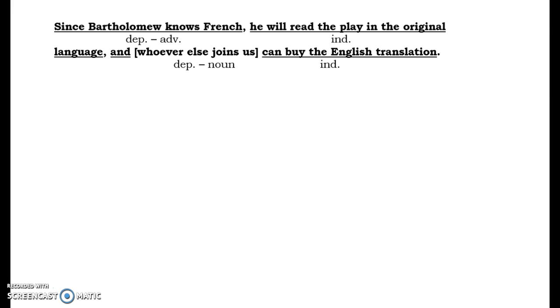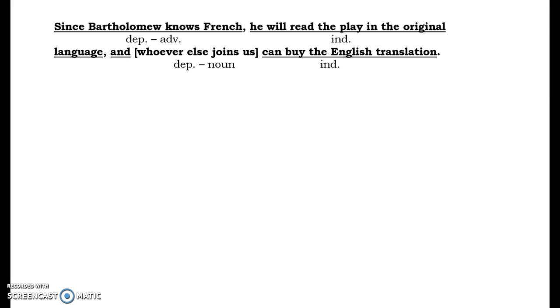Under what conditions will he read the play in the original language? Since Bartholomew knows French. Or you might even put this under the why. Why will he read the play in the original language? Since Bartholomew knows French. So you could think of it as under what circumstances, or why. Probably even more aptly, why.